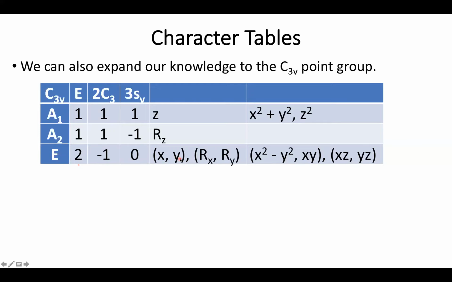Now, here's one of the things that becomes really important about a 2-dimensional irreducible representation: it always contains orbitals in a paired fashion.